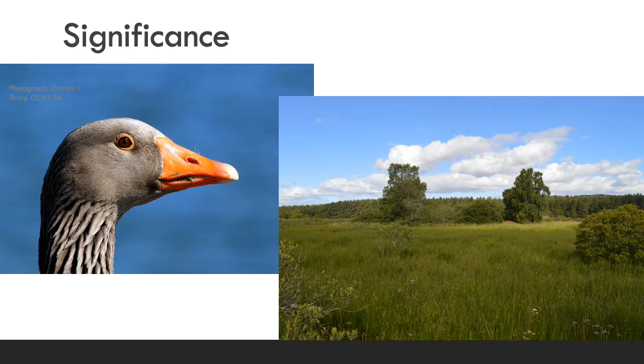And this last point about resource availability is really worth underlining. These freshwater ecosystems would have been some of the most ecologically rich environments available to Mesolithic hunter-gatherers in eastern Scotland.